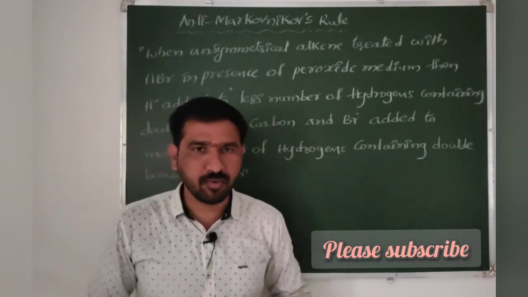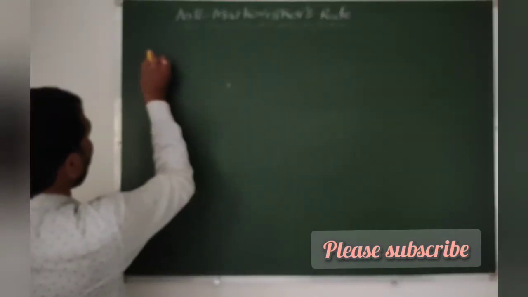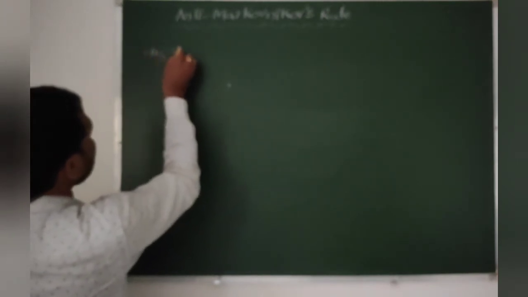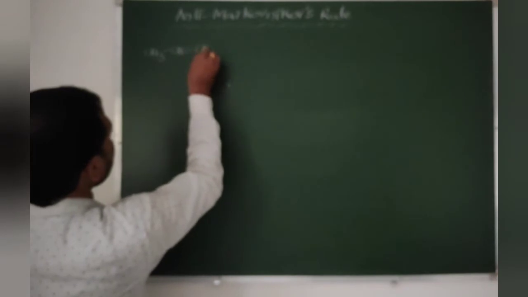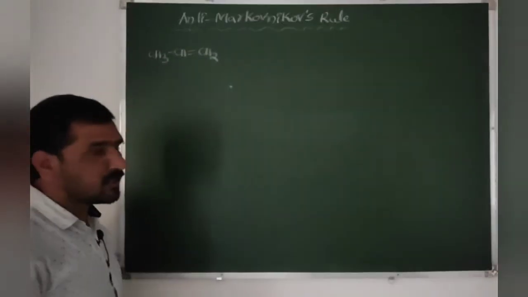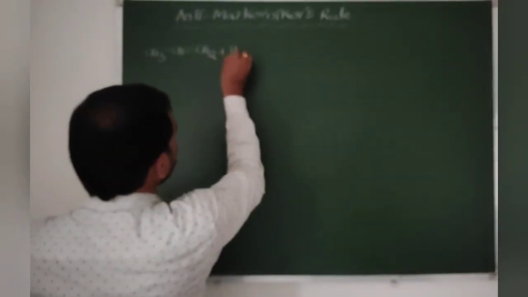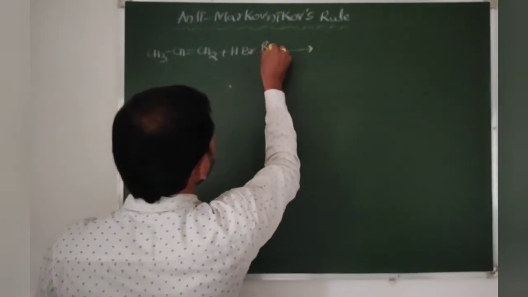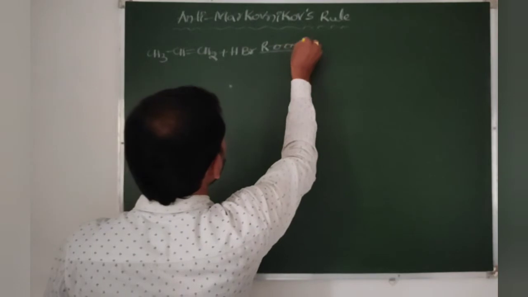Let me see one example. Unsymmetrical alkene CH3 CH double bond CH2, right, reacts with HBr in the presence of peroxide medium ROOR.